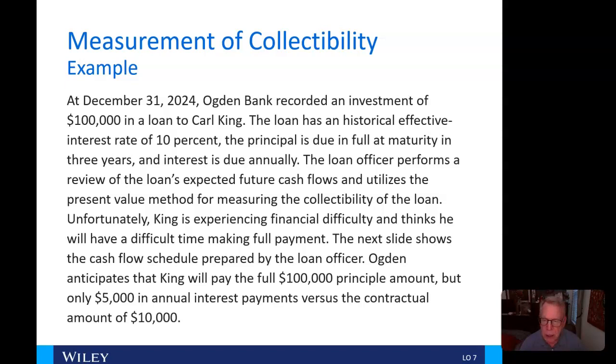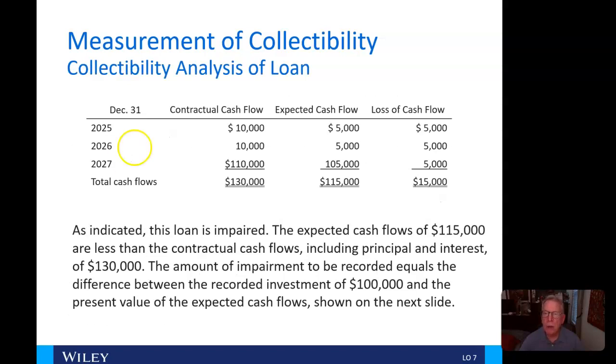The next slide shows the cash flow schedule prepared by the loan officer. Ogden anticipates that King will pay the full $100,000 principal amount, but only $5,000 in annual interest payments versus the contractual amount of $10,000. Okay, so here's the contractual cash flows.